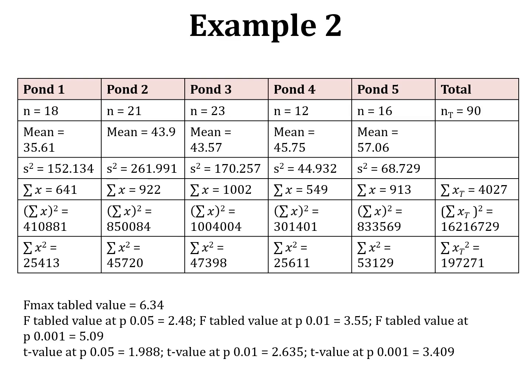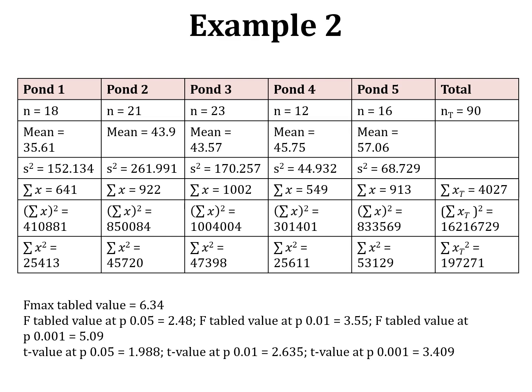And the mean value taken from pond number 1 is 35.61 milligrams per deciliter of bicarbonates. From pond number 2, this is 43.9 milligrams per deciliter. From pond number 3, which has 23 observations, the mean is 43.57 milligrams per deciliter.